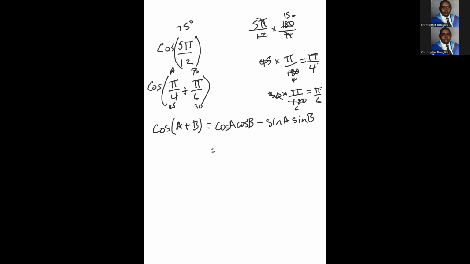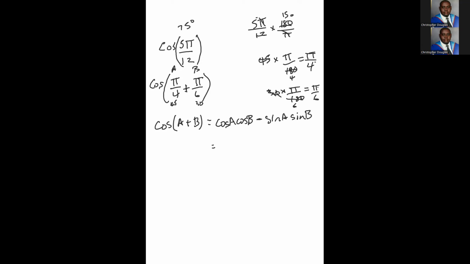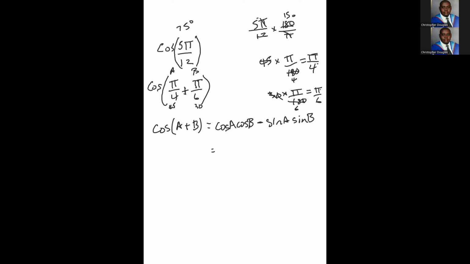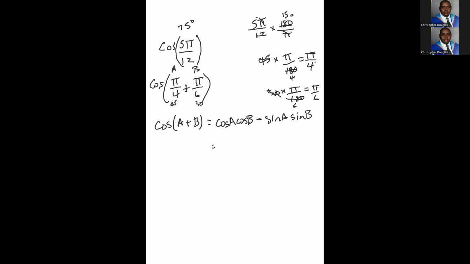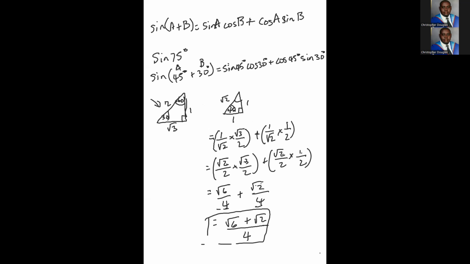So let us go to this slide. Cosine 45, cosine 30. Here's the 45 degree angle. Cosine is adjacent over hypotenuse, so we know that's 1 over root 2.